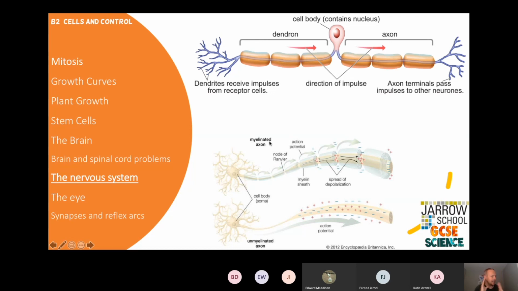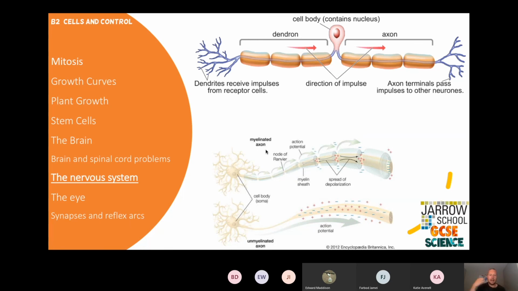So again, this is level 8 and 9 stuff. But you might be asked, what's the difference between a myelinated axon and an unmyelinated axon? A myelinated axon would have faster impulses than an unmyelinated axon. Some nerves in our body have the myelin sheath, and they are generally ones where you want a really quick nerve impulse.